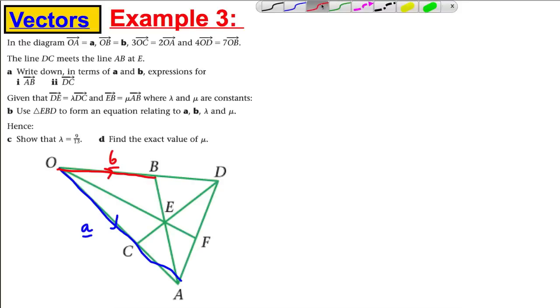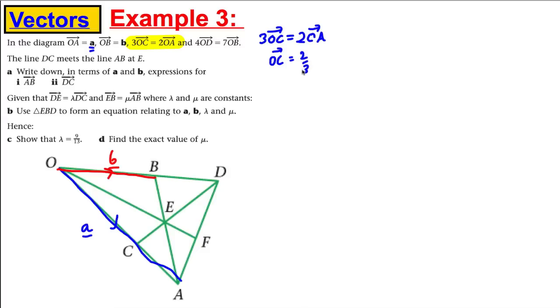We are told also that 3 times OC is equal to 2 OA. Now we know OA is little vector a, so in particular OC must be 2/3 OA, so OC is the vector 2/3 a.